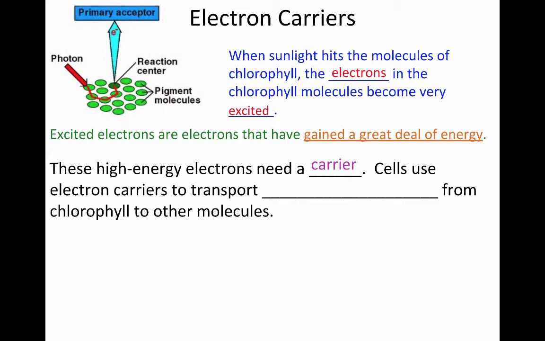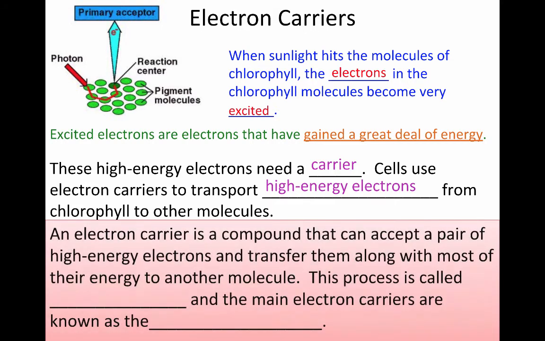If you do not grab these electrons once they've been energized, like almost immediately upon energizing, they will just give off that energy as heat or light and fall right back down to their ground normal state. So those high energy electrons need a carrier. And so electron carriers are molecules that the cell uses to transport these high energy electrons from one place to the next.